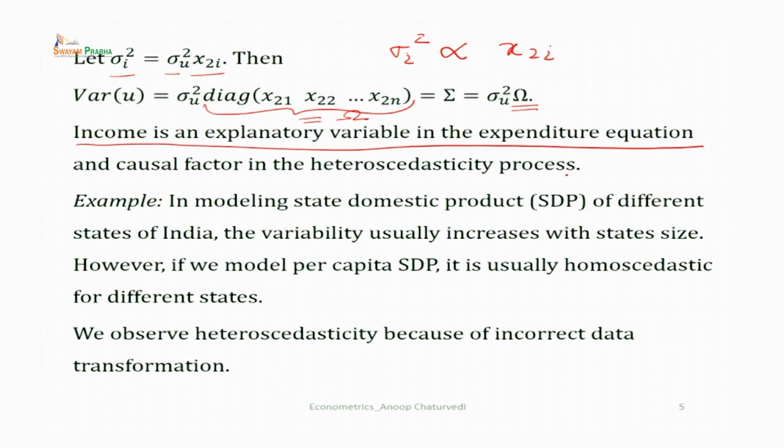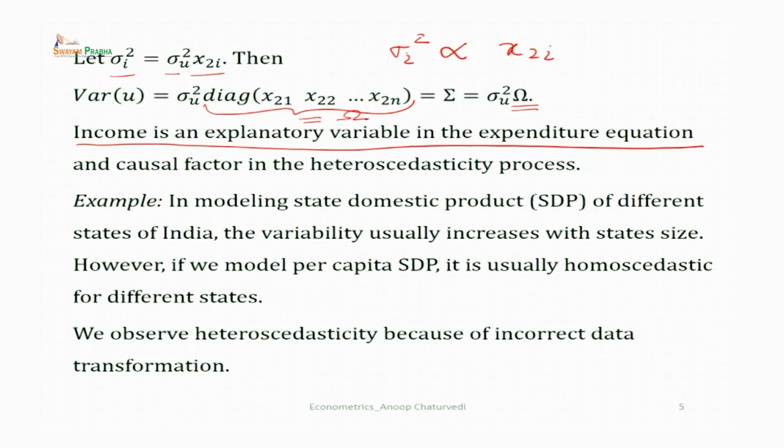It is causing the heteroscedasticity in your model. So, in this sense the income is playing two different roles in your model. It is playing the role of an explanatory variable in the expenditure equation as well as the causal factor in the heteroscedasticity process.